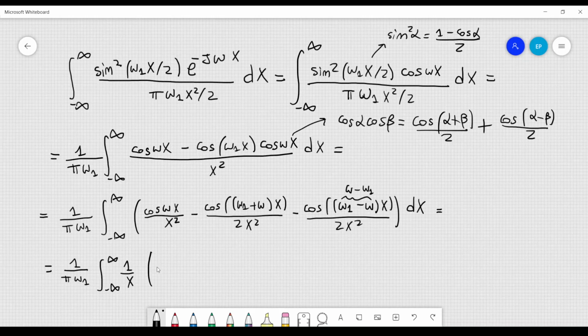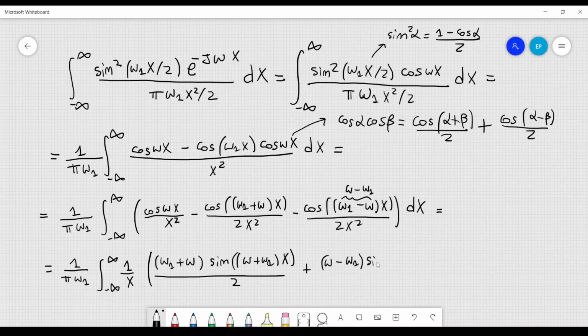And here I have (omega 1 plus omega) times the sine of (omega plus omega 1) times x divided by 2, plus (omega minus omega 1) times the sine of (omega minus omega 1) x divided by 2, minus omega times the sine of omega x, dx.